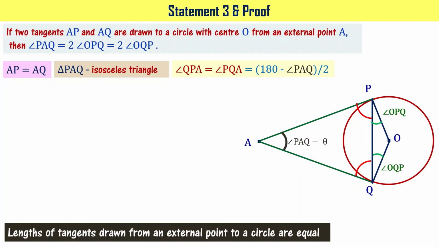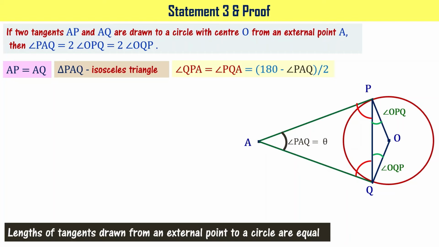And we know that the sum of the angles in a triangle is 180 degrees. It means since two of the angles are equal, you can get those values by subtracting the third angle from 180 degrees and dividing it by 2, right? That's what I have written here. Angle QPA equals angle PQA, that is equal to 180 degrees minus angle PAQ divided by 2.